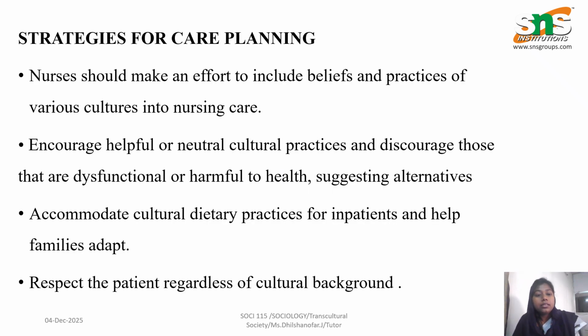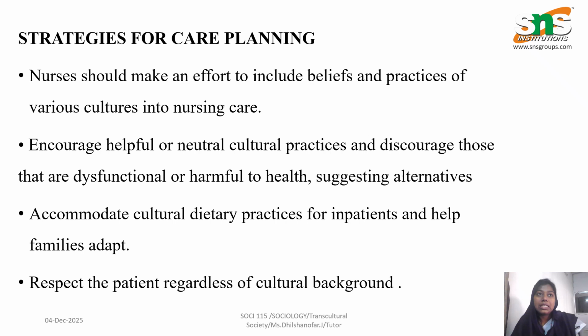So care plan is nothing but nurses should make an effort to include beliefs and practices of various cultures into the nursing care. This is also helpful in neutralizing cultural practices and discouraging those that are dysfunctional or harmful to health, suggesting alternatives. All the things that will cause harm or discomfort to the patient should not be suggested. We have to search for an alternative and accommodate cultural dietary practices for inpatients and help families to adapt.